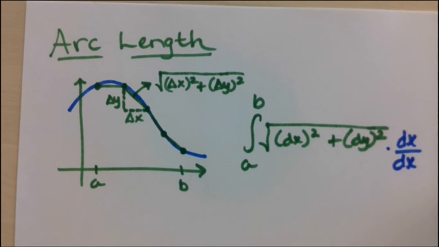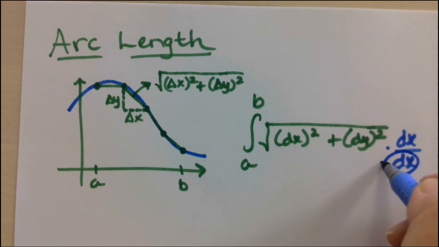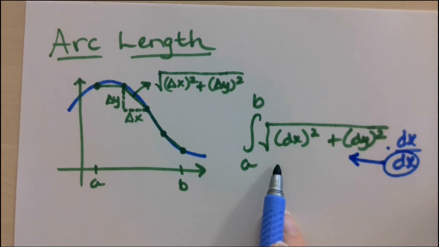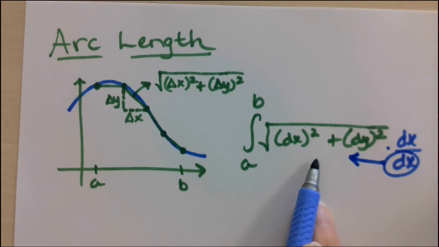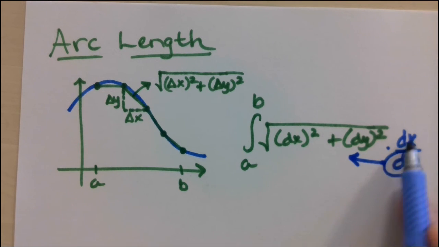But I'm going to choose my 1 to be dx over dx, because that'll bring in that dx that we need at the end of the integral. Problem is I have an extra dx down here in the denominator. And so what I'm going to do is take that dx and just move it inside the square root. We can just divide everything in the square root by the dx so that I have the 1 that I need at the end of the integral.